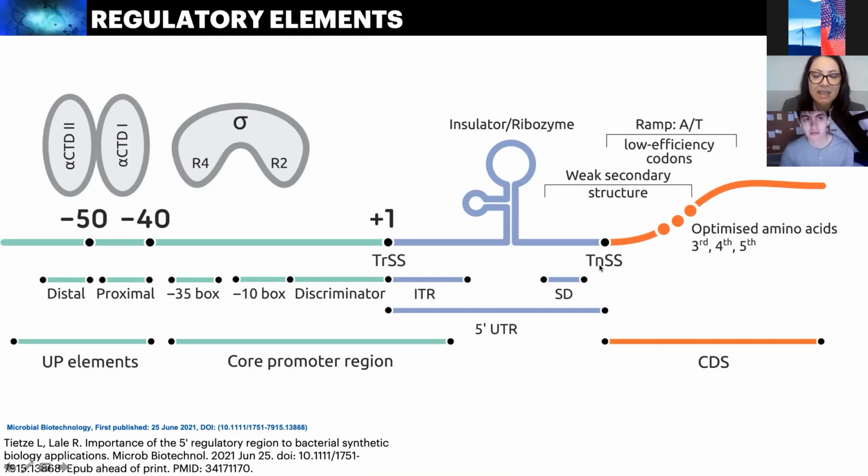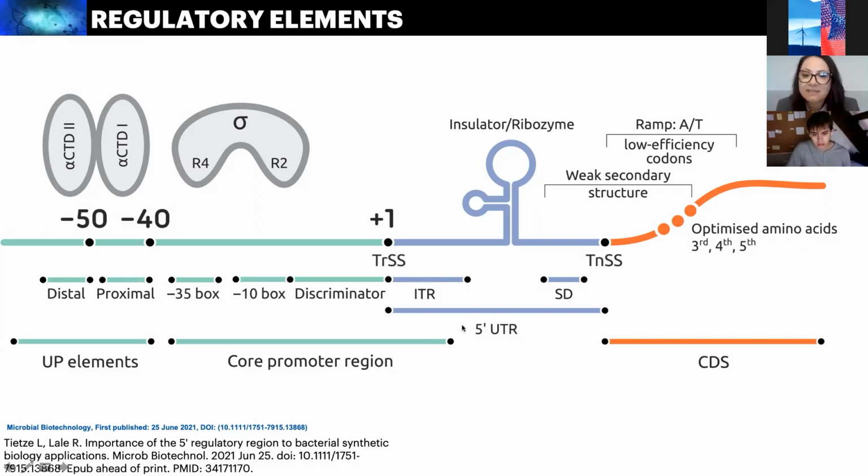So at this point, we have some structures that represent regulation points, such as the Shine-Dalgarno region. That is a location that helps ribosome accumulation. And we have also the ITR and the 5' UTR.